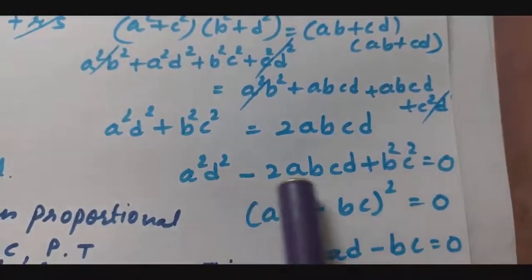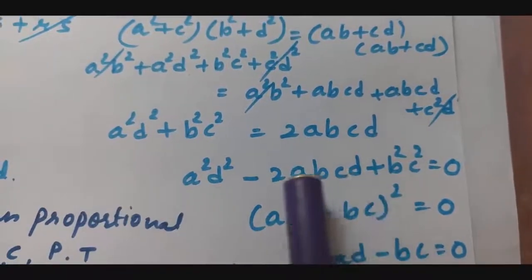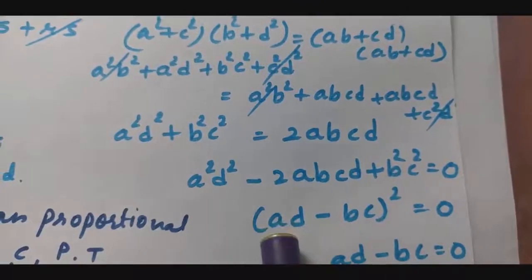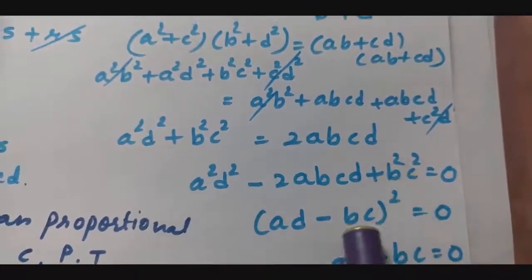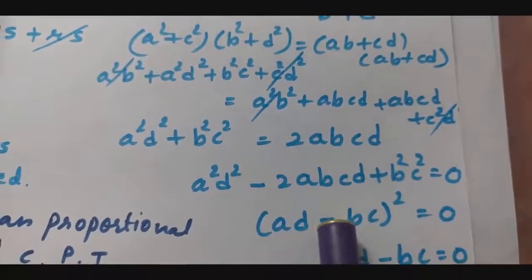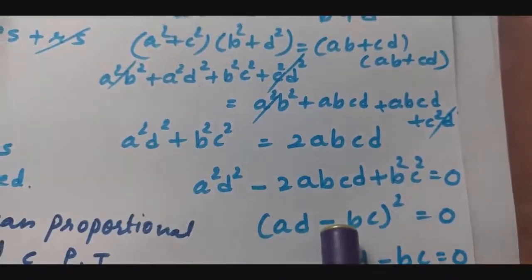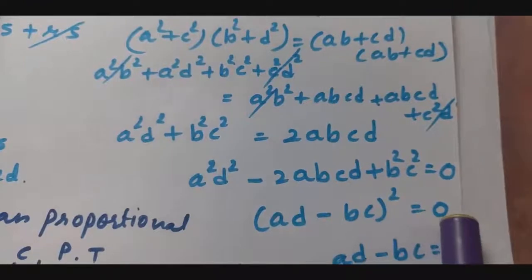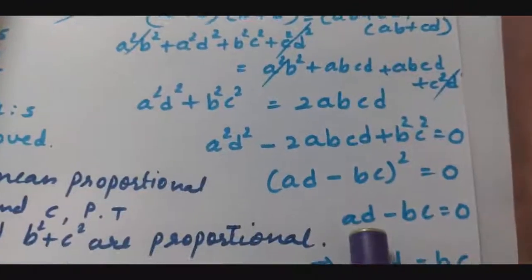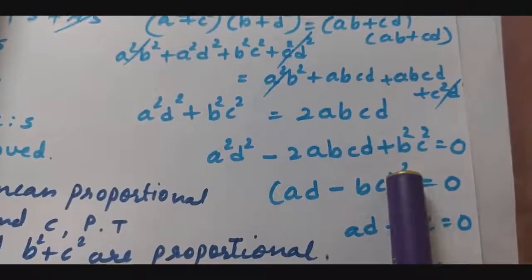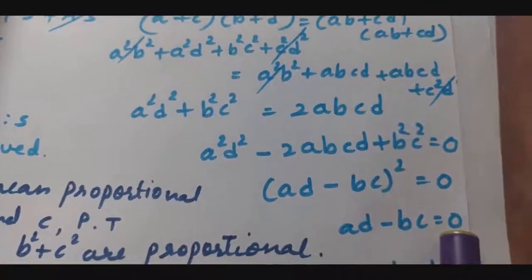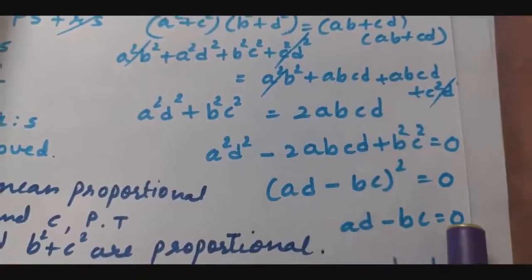You see this is our perfect square polynomial identity 2. So I take square root AD and this is square root BC. In between there is middle term sign minus. So AD minus BC whole square is equal to 0. So when it is square is 0, the bracket also 0, means AD minus BC 0.